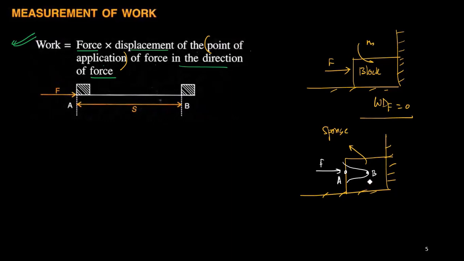So now A is shifted to the point B because it is a sponge material which is soft. Though the block made of sponge has not been displaced, I can consider that the point A has been displaced to point B. So let us say this displacement is S. So work done by the force in this situation is not equal to 0, that is equal to F into S. Why? Because the point where you are applying the force, that is important.